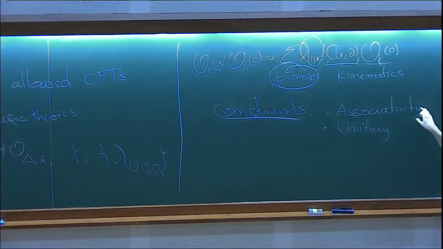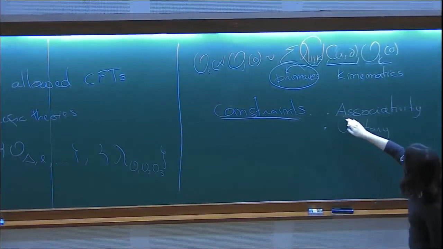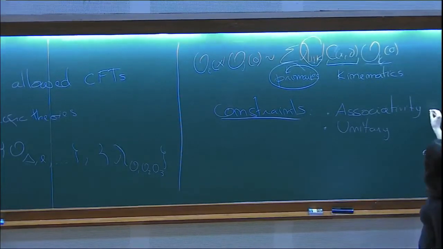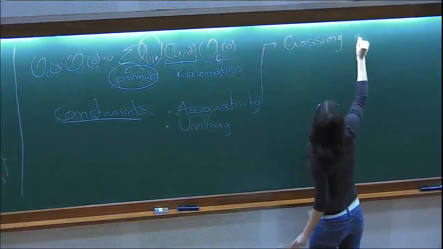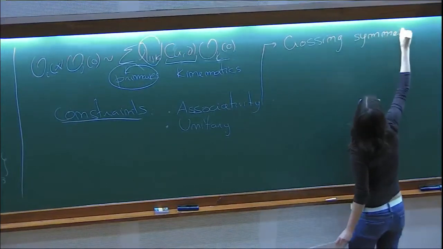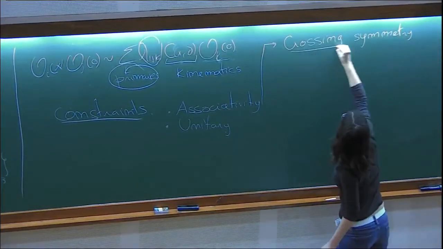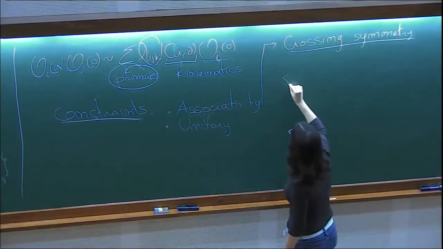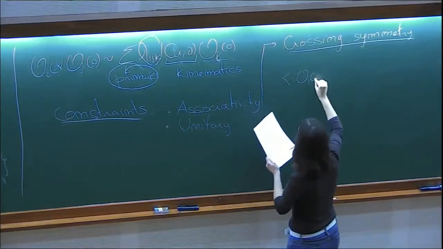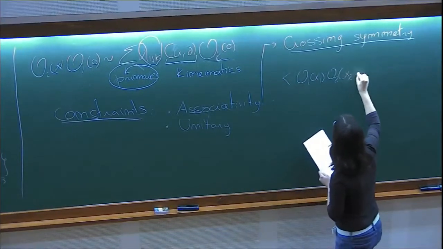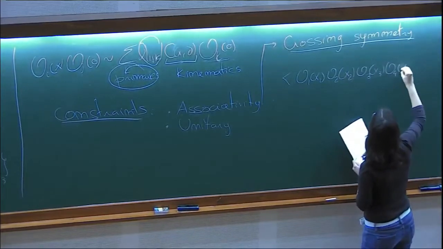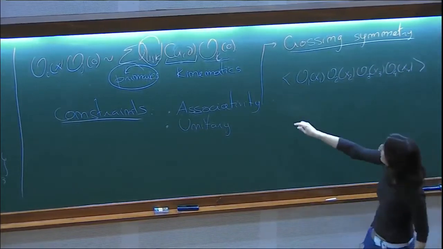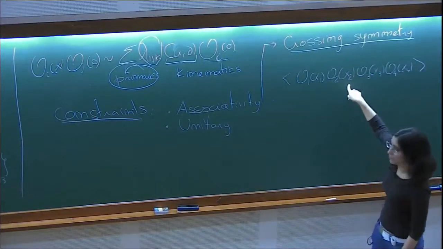And so now I finally reached the end point of Pedro's talk, where he showed you that associativity translates into crossing symmetry. So if you consider a 4-point function, associativity is equivalent to demanding that it shouldn't matter how I decompose it using the OPE.